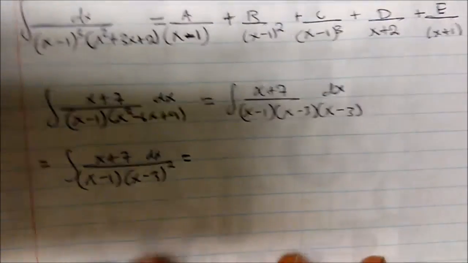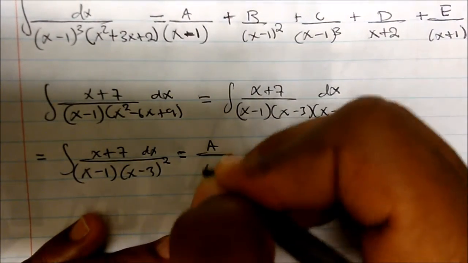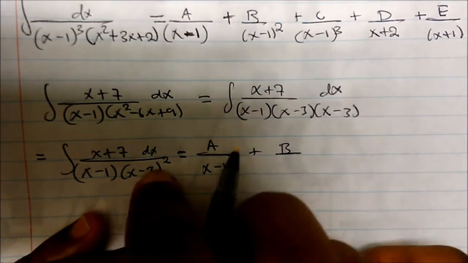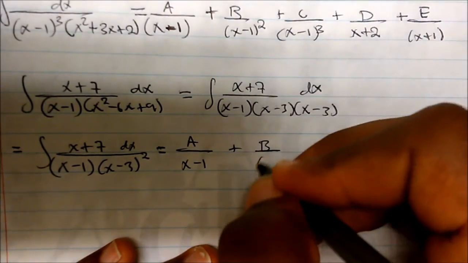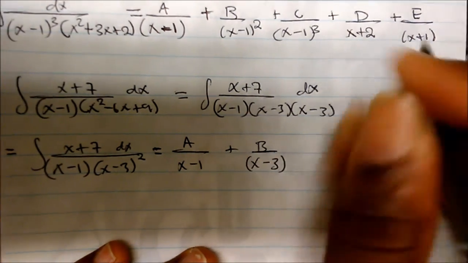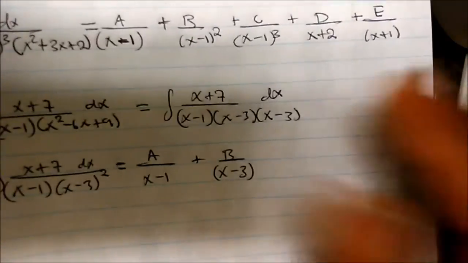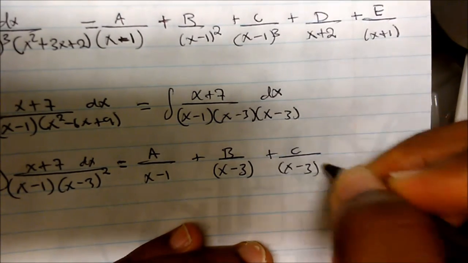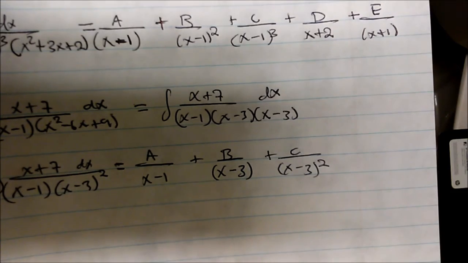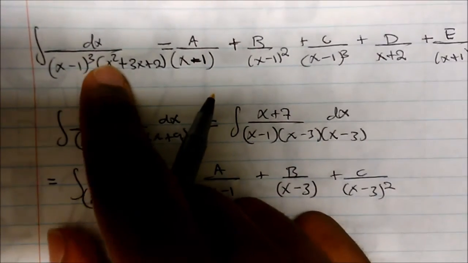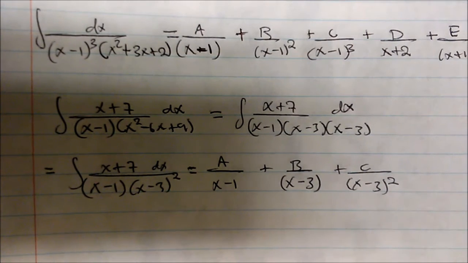And so if I decompose this, this will be A over x minus 1, because that is linear, plus B over x minus 3, well again, this is linear, it's just raised to the second power. And this becomes C over x minus 3 squared. Okay, and this is how we'd actually decompose this integral here.